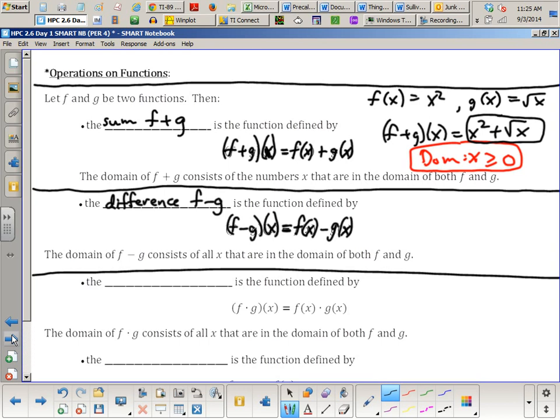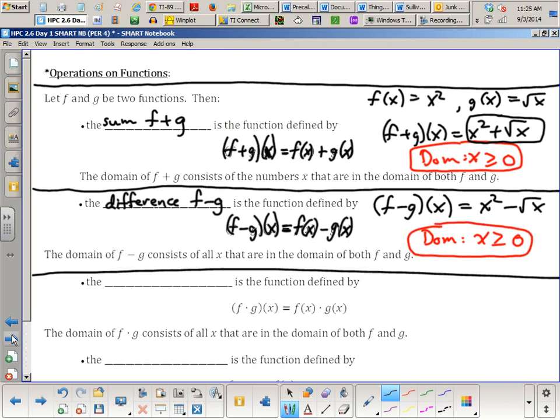If we were just following along with the same example as before, for f and g, it would look more like this, x squared minus rad x. And the domain would just be, again, x is greater than or equal to 0. Why? Because g is still not accepting negatives. And it's part of our expression. Rad x is still there.